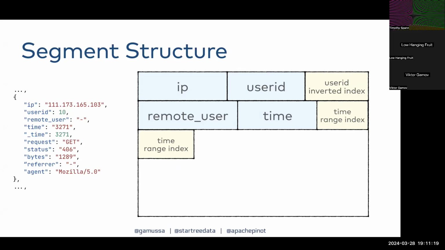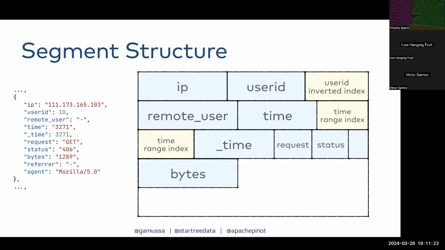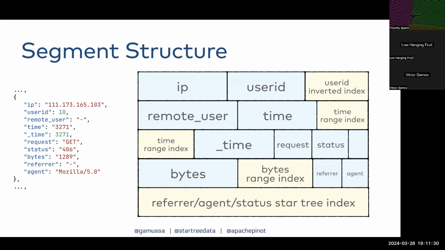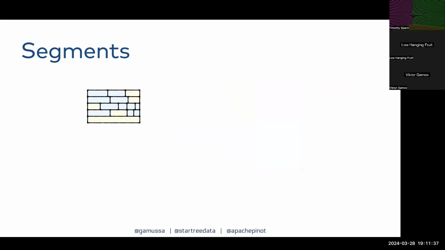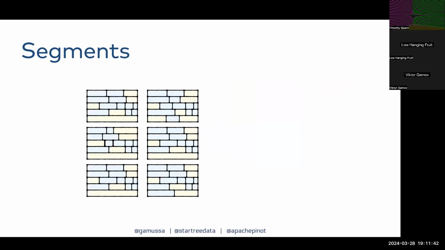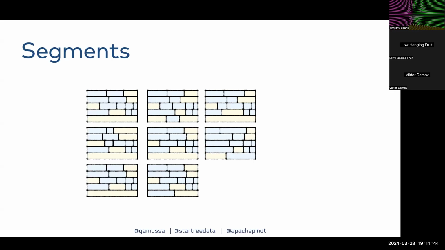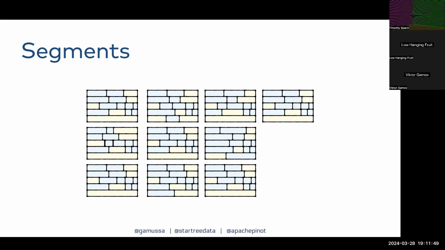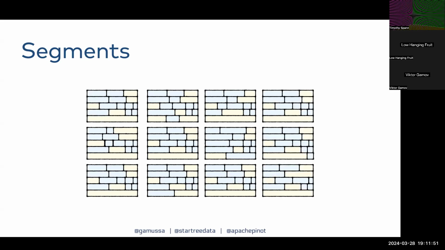Instead of one record that includes all this information, we have segments that include only IP addresses, for example, or only request times. We're kind of pivoting this. Each segment is spread across multiple nodes, and each segment includes its own piece of data. With this format, it allows the system to run different optimizations.